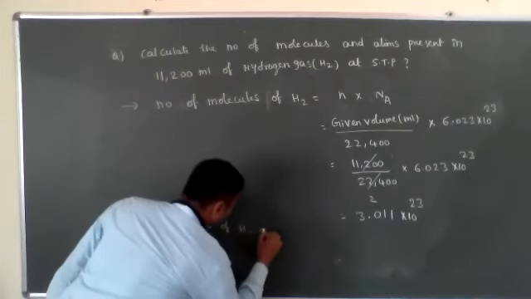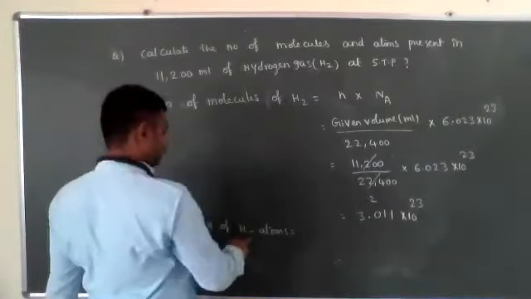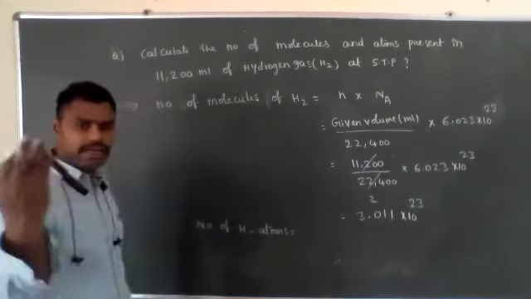Now, the number of hydrogen atoms is equal to 2 times the H2 molecules, since one H2 molecule contains 2 hydrogen atoms.